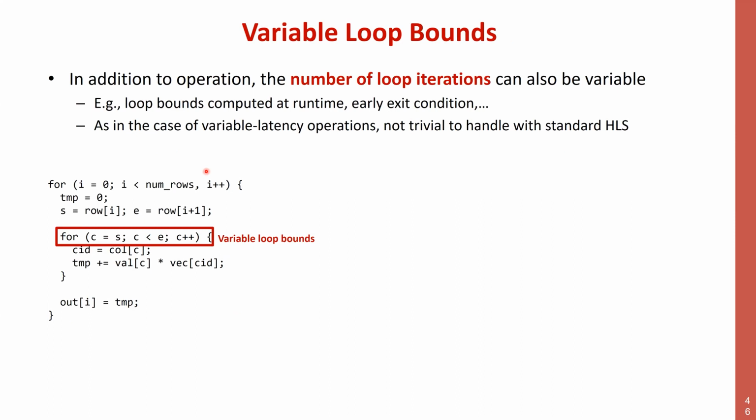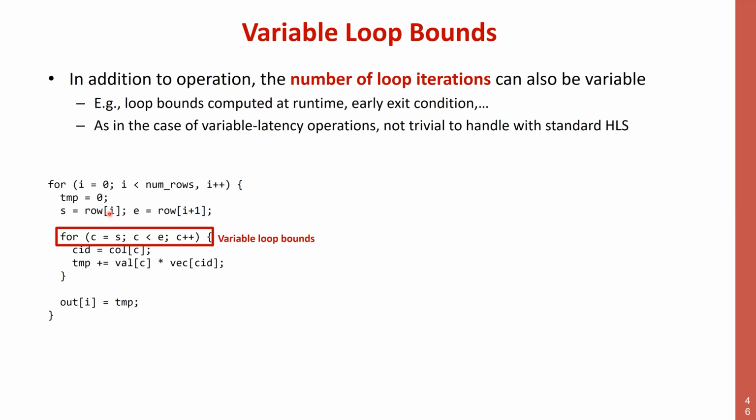Now, so far, we have been speaking of variable latency operations, right? We have taken these two examples of the load that misses or of the add that has a variable latency. But you have another form of variable latency, at a bigger scale, when you take into account the fact that here you have outer iterations, and these outer iterations are made of another loop that has variable loop bounds.